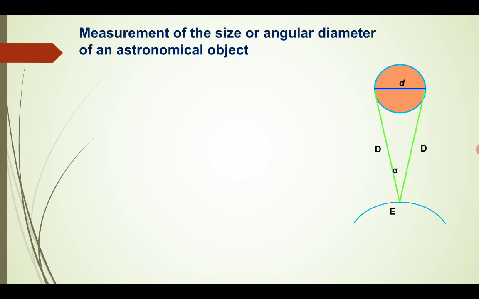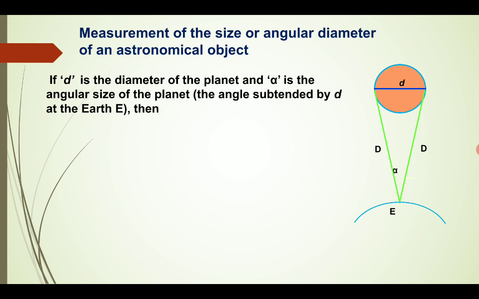So if d is the diameter and alpha is the angular size of the planet, that is the angle subtended by the diameter at the Earth, in that case we have alpha equals d by D, that is small d by capital D, and this angle can be measured from the same location on the Earth.